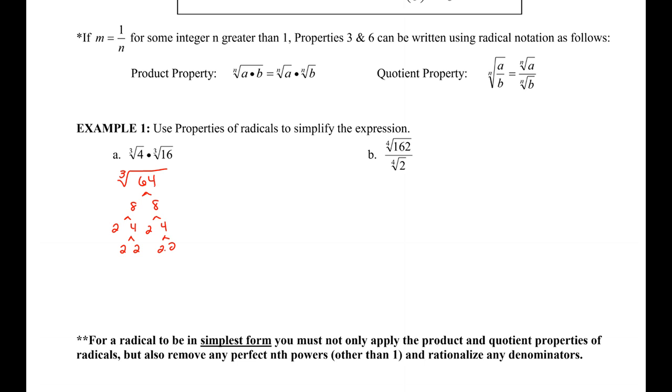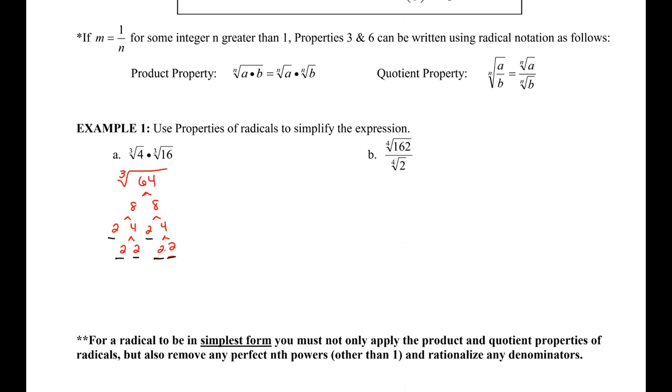So I'm looking at the bottom of my tree. This is the bottom of a tree, the 2's over here, and then that 2 all the way to the left. Now the part about this that's a little bit different than what we simplified radicals before is you have to look at the root.